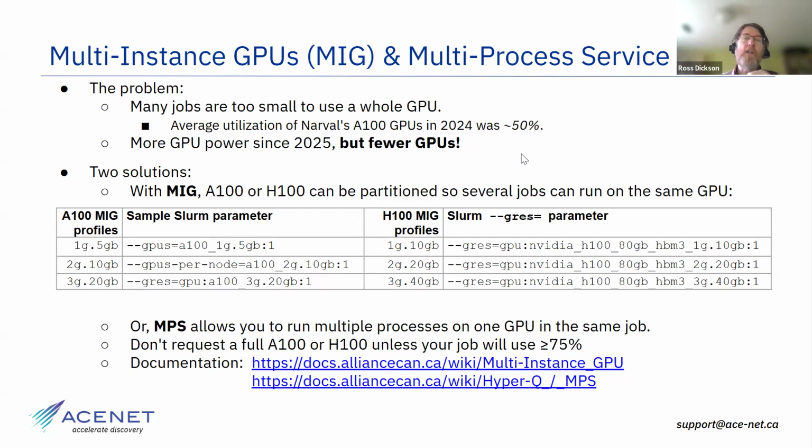The first solution is this. You can ask for a fraction of a GPU. This is called a MIG. MIG stands for multi-instance GPU, but the language gets all kind of confused. Don't try to figure out the etymology too strongly. Basically, in common speech nowadays, a MIG is just a fraction of a GPU.